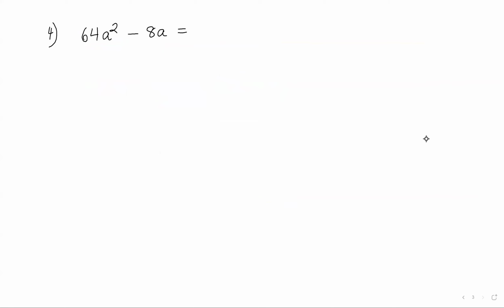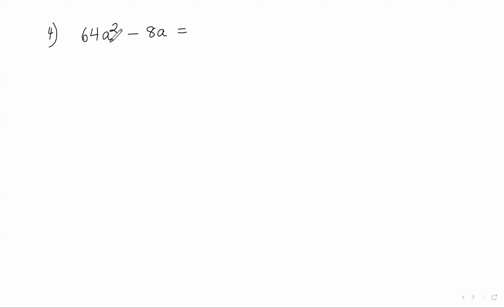Let's say we have 64a squared minus 8a. So all the ones before, it was either the number or the letter, but this one is a combination of both. So when you have a combination of both, look at the number part first. So 64 and 8. What is the highest common factor of 64 and 8? 8.